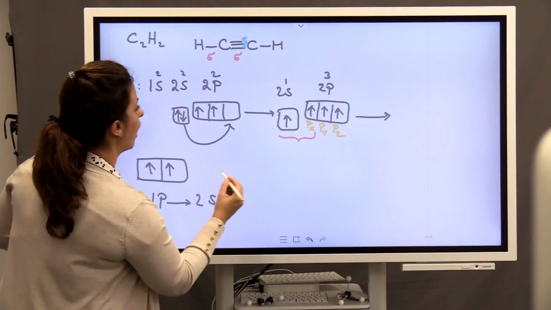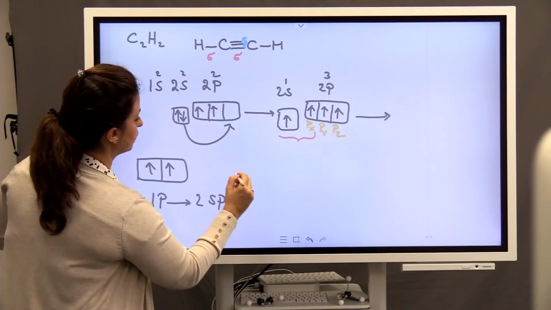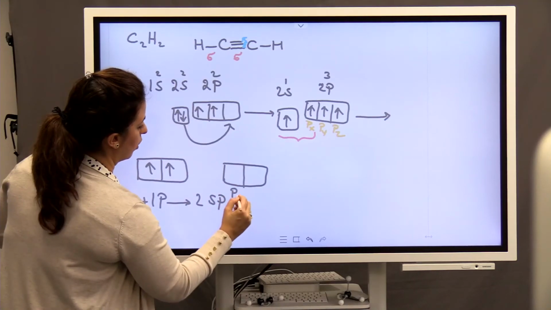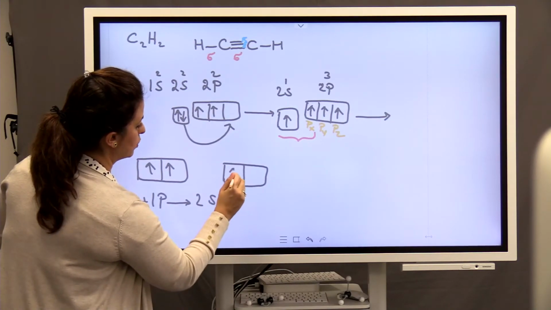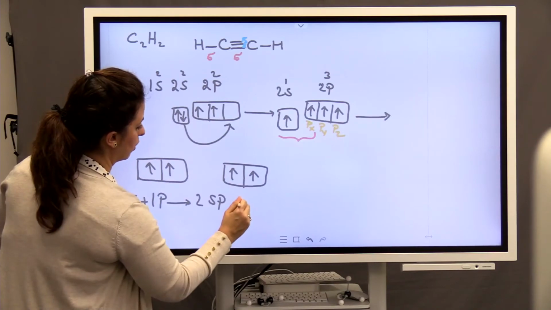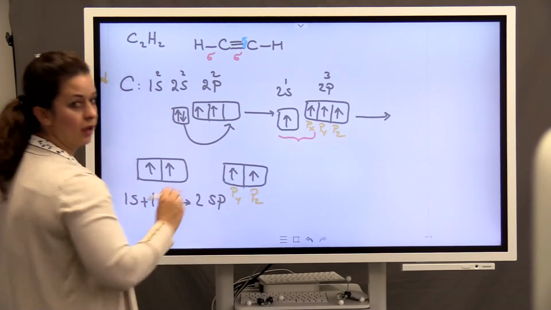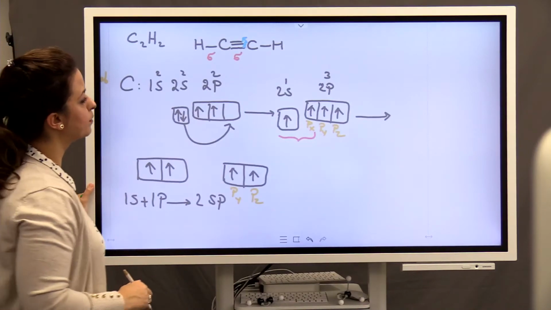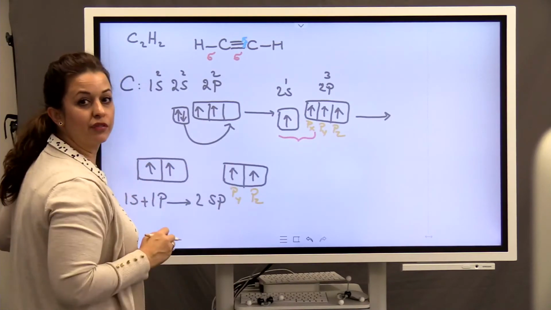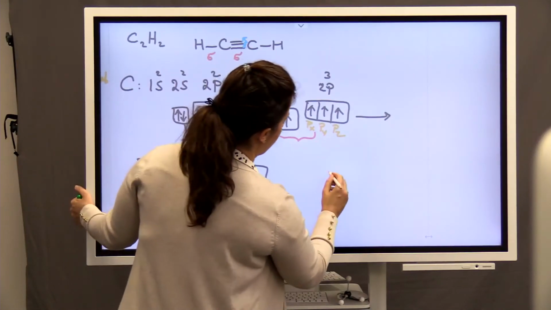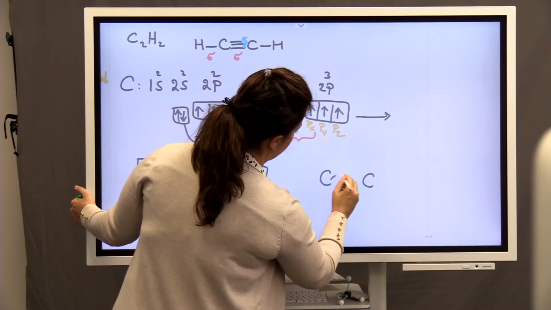So now we are going to have our 2p orbitals, py and pz. Okay? 2 leftover p orbitals. Now let's see what is the shape of the molecule. 2 carbons.